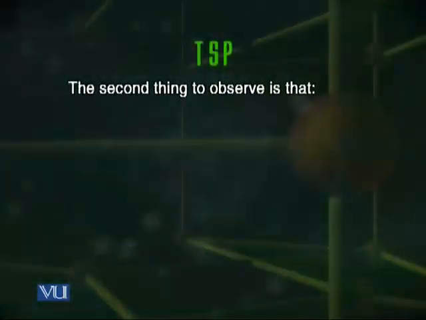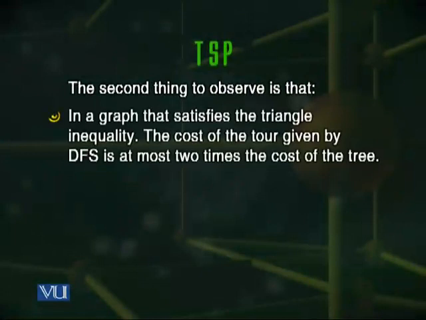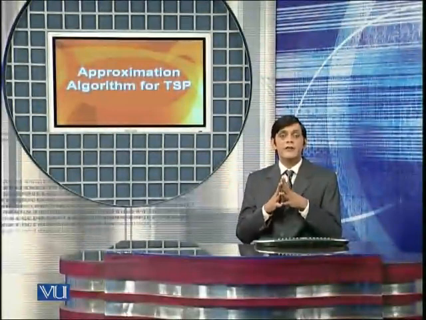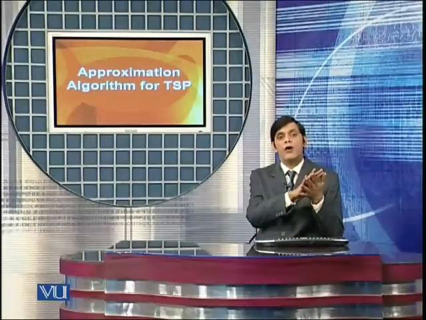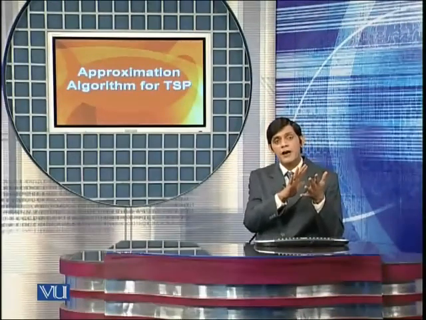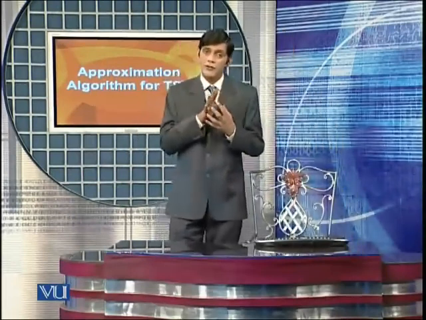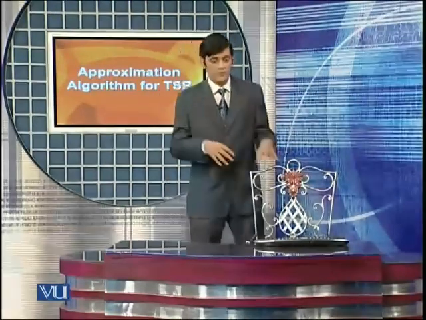The second thing that we observe is that in any undirected graph, the cost of the tour given by DFS is 2 times the cost of this tree. So, take any undirected graph which has weights on its edges and take any tree that is a subgraph of this graph, a spanning tree of this graph.